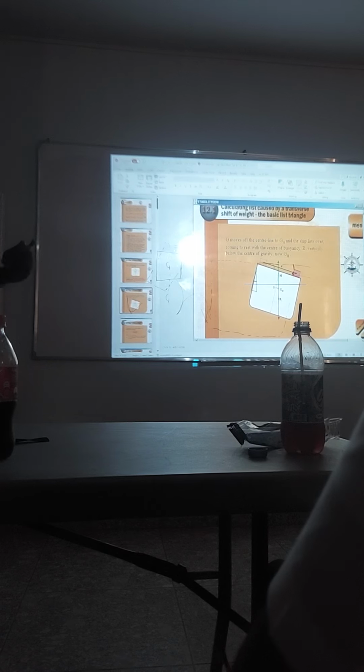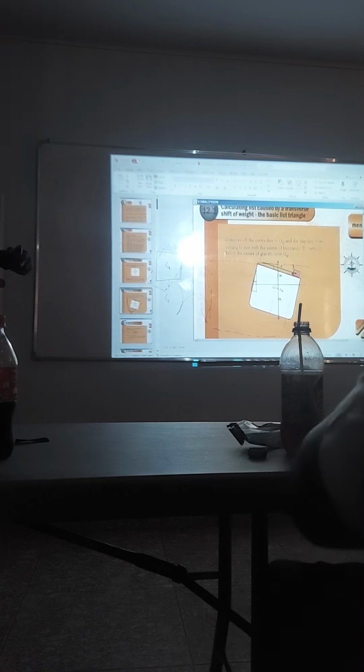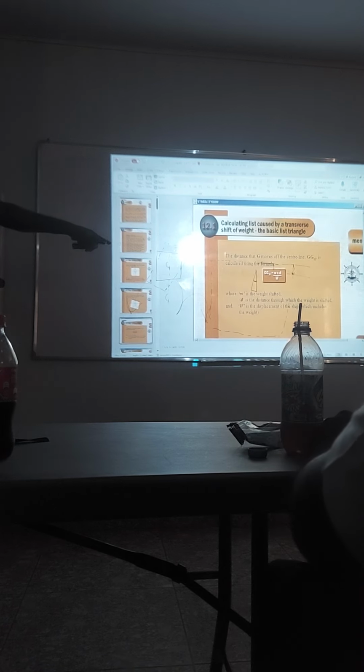Somebody who was following in class, go back to the formula, please. When we speak about W, it is the displacement of the ship, which includes its weight. Can anyone see what this W is that we're talking about?